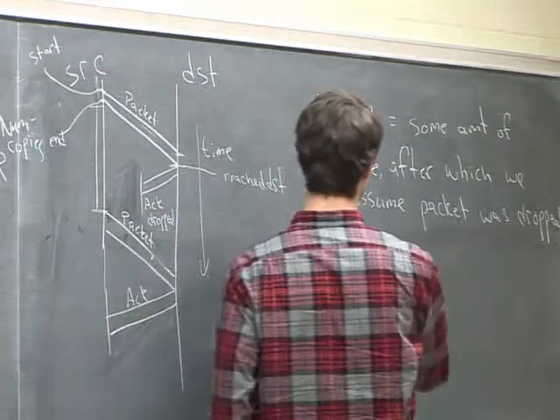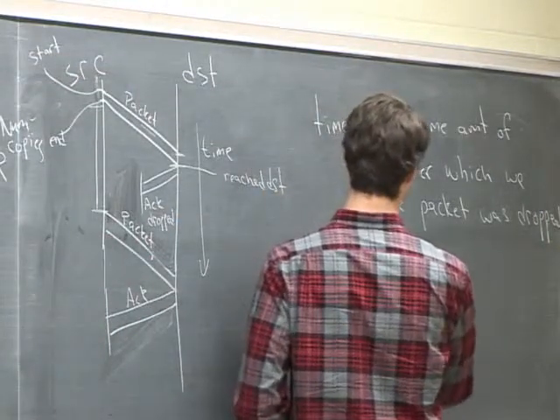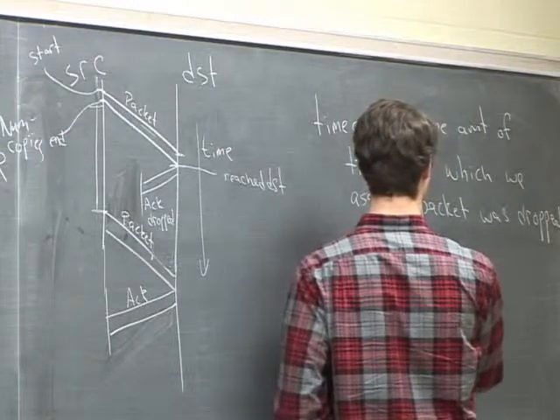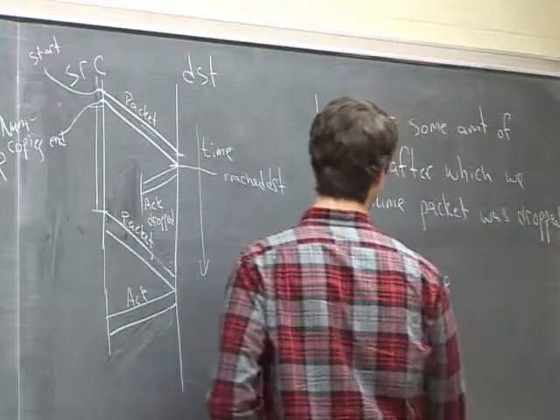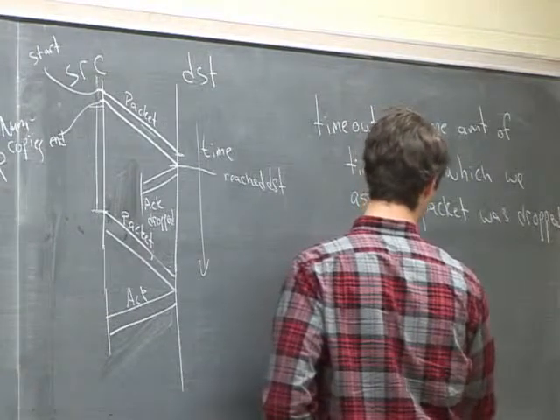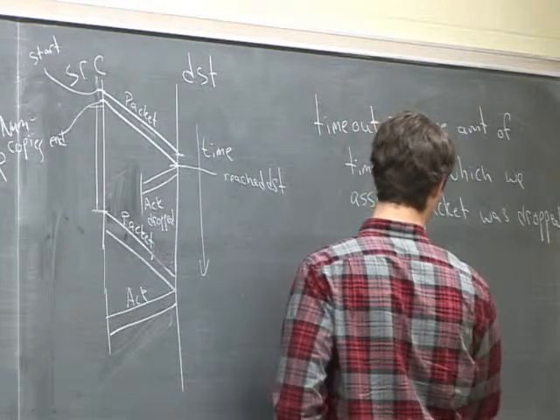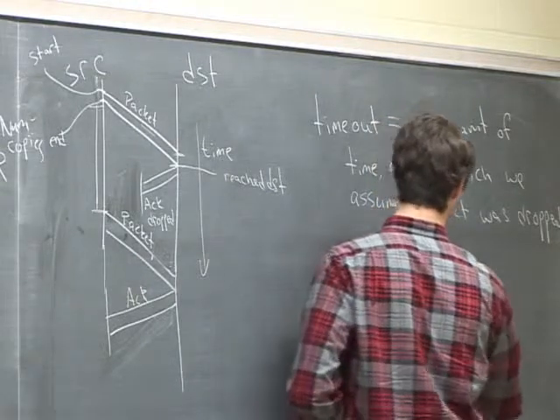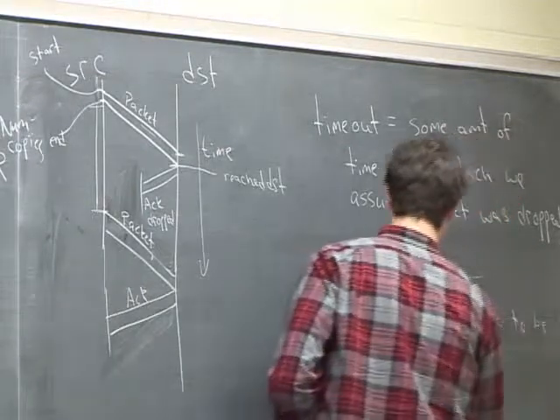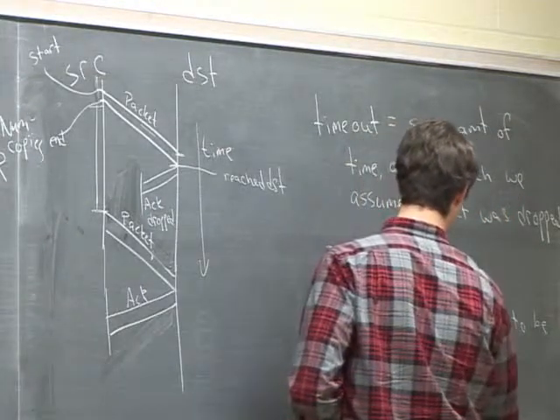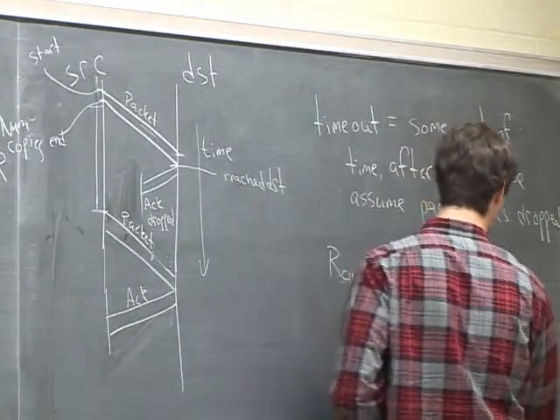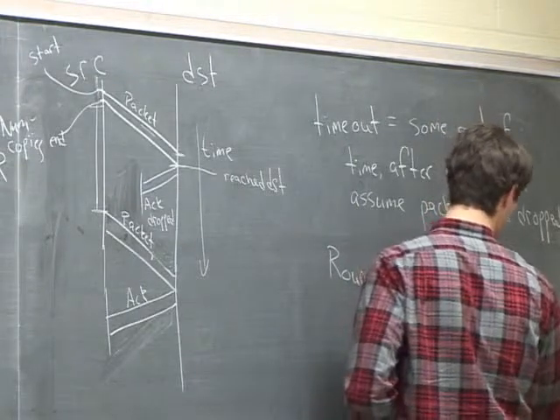This is another definition we need. The round trip time is the time for a packet to be sent, the time it takes for the packet to reach the destination and for the destination to reply.